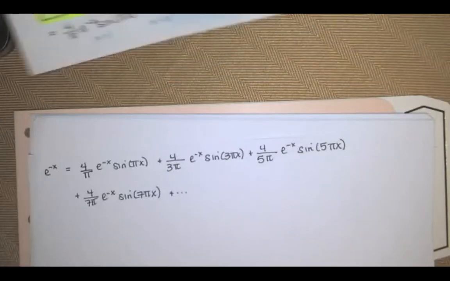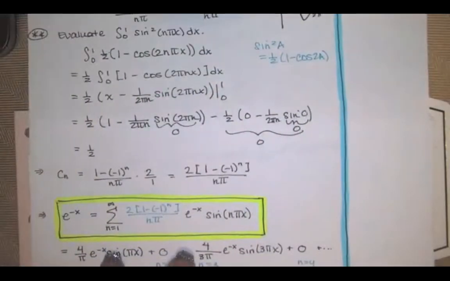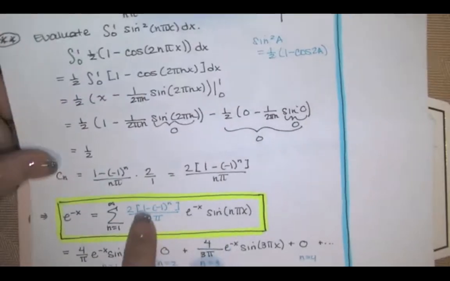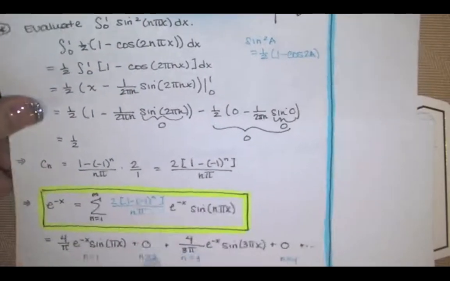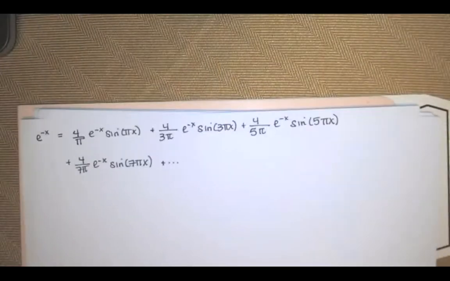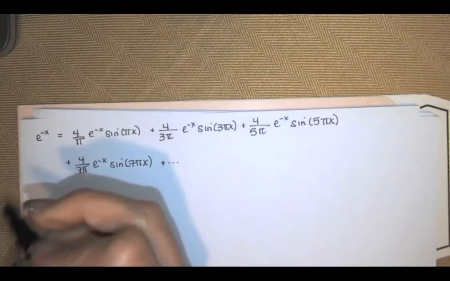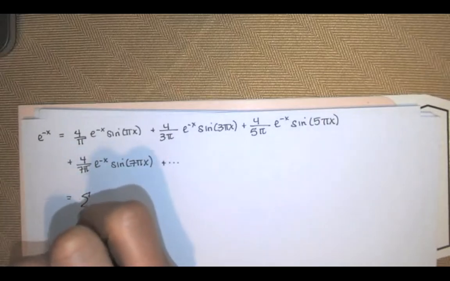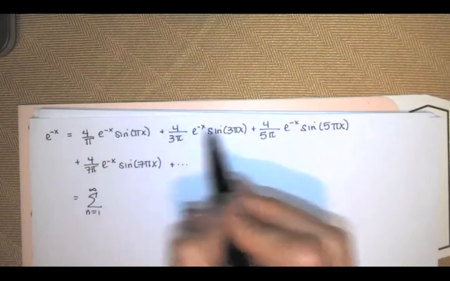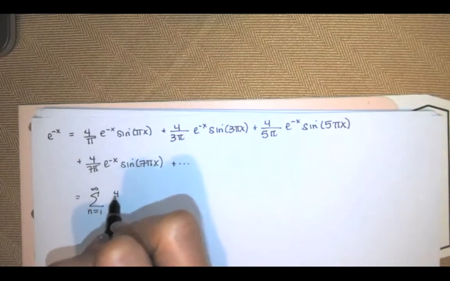Okay, so the answer to this problem, the eigenfunction expansion problem, is this. Now, because you have this 1 minus negative 1 to the n, you could rewrite this in a slightly different form, because we really only have odd terms here. This is the sum as n goes from 1 to infinity of, in the numerators for our coefficients, we always have a 4.